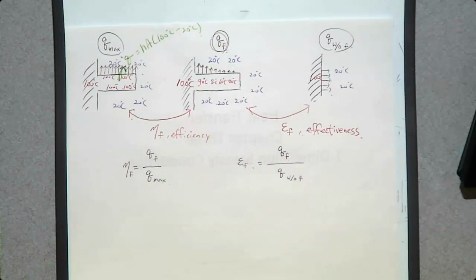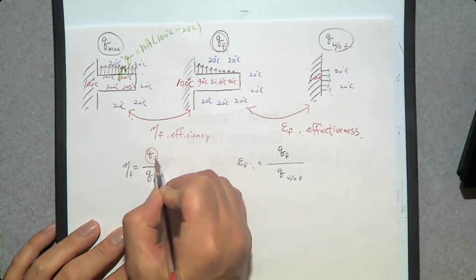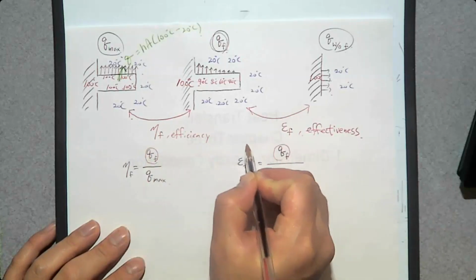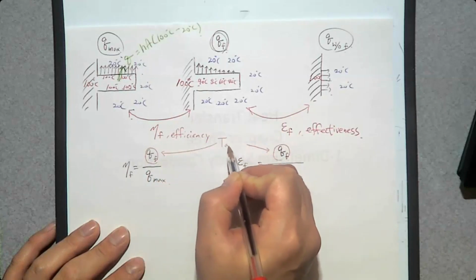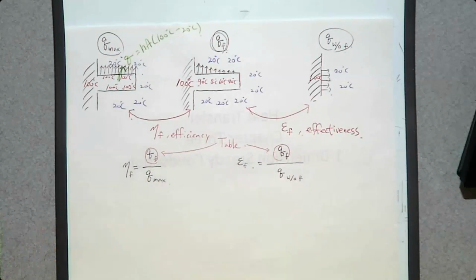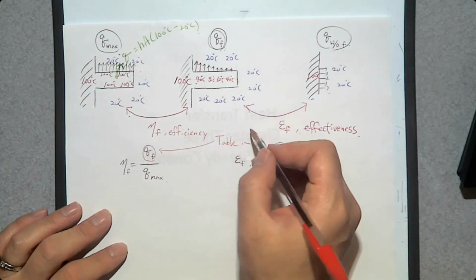Then, how can we determine this Q_f? So these two can be found from a table. What table? This table, table 3.4.